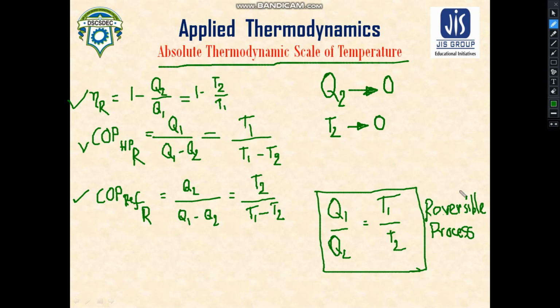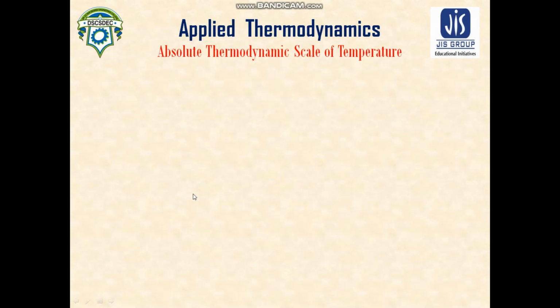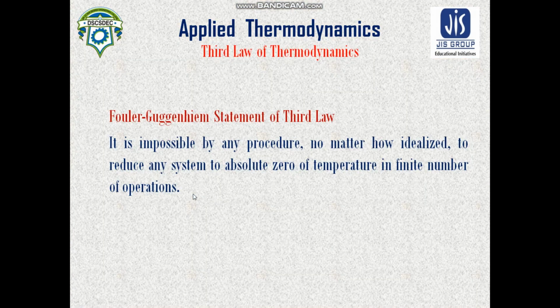So now with this understanding, let us try to define what the third law of thermodynamics is. Thus any attainable value, that means the temperature of heat rejection, should always be greater than 0.